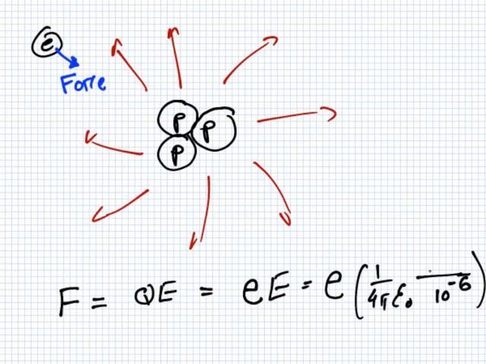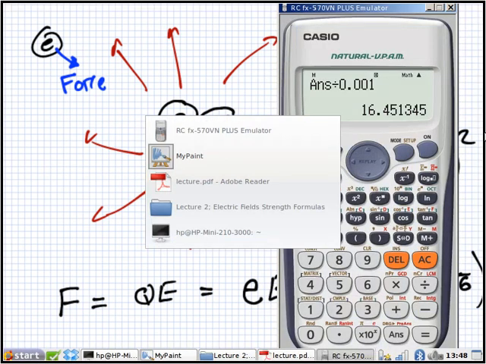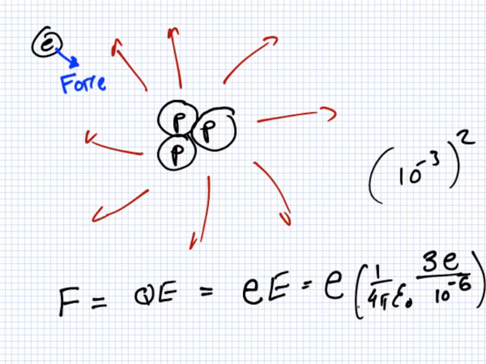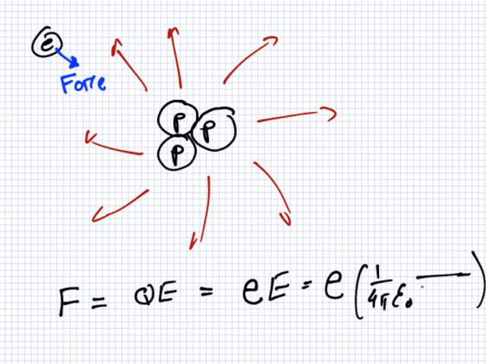And on the top I have the charge. Is it 1 or 3? 3. Oh, there's 2 millimeters. I thought it was 1 millimeter. It's 2 millimeters, so I need 2 times 10 to the minus 3, squared.